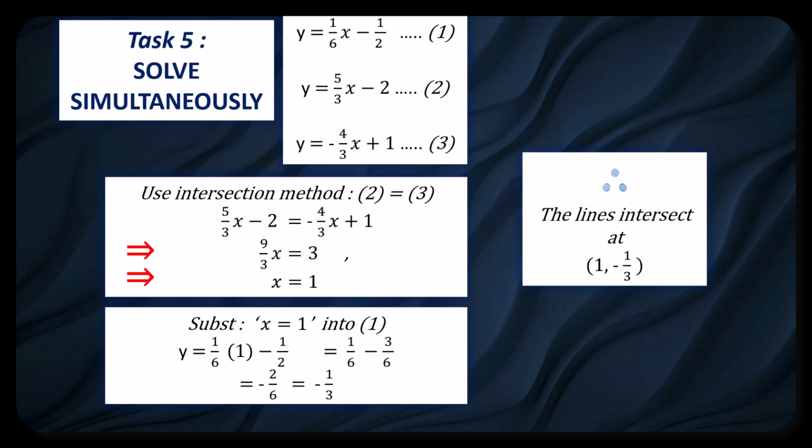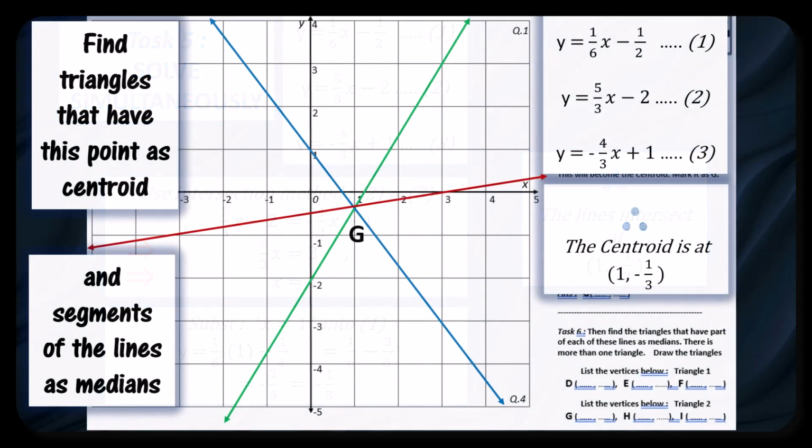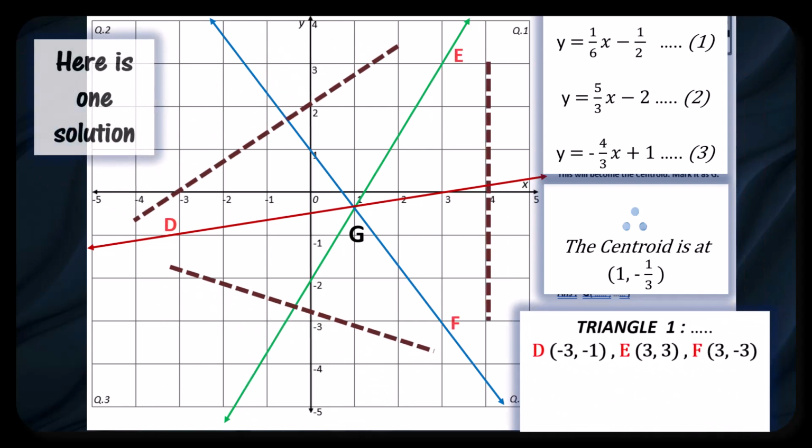Back to our graph. Can we find triangles that have this point as centroid and segments of the lines as medians? You might want to stop the video and try and do that. But here is one such triangle.